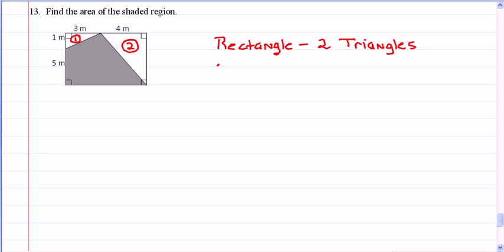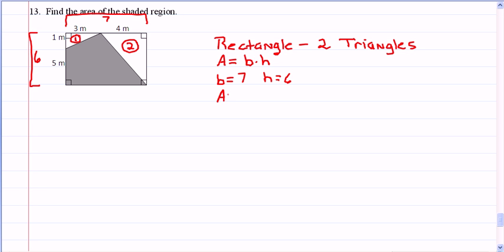So starting with the rectangle, the formula for area of a rectangle is base times height. And the base is the length from here to here. So if I add that 3 and 4, I get a length of 7. The height is the length from here to here. So if I add the 1 and 5, I get a height of 6.